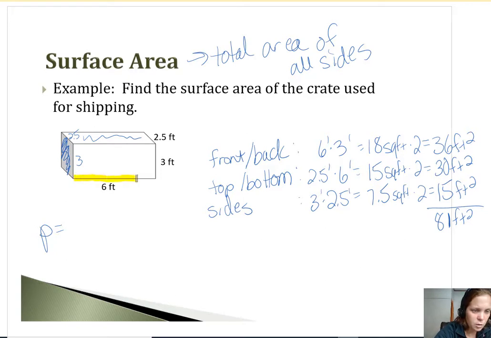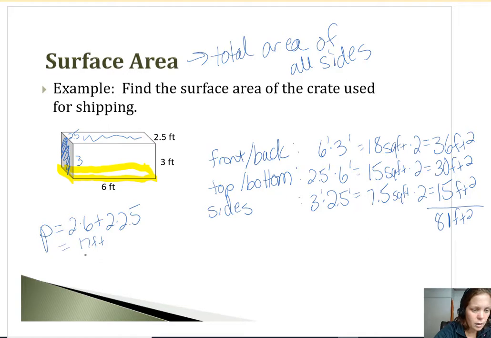Perimeter of the base. So 6, 2.5, that back we can't really see, is another 6 and another 2.5. So the perimeter of the base would be 2 6s and 2 2.5s. So that's going to be 12 and 5 is 17. Okay, so 17 feet around.